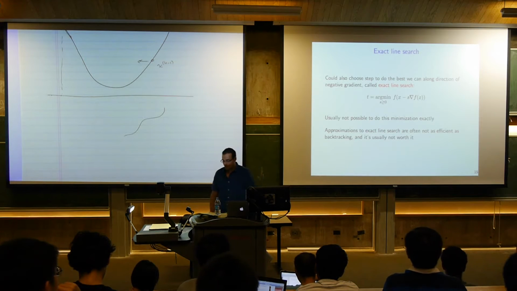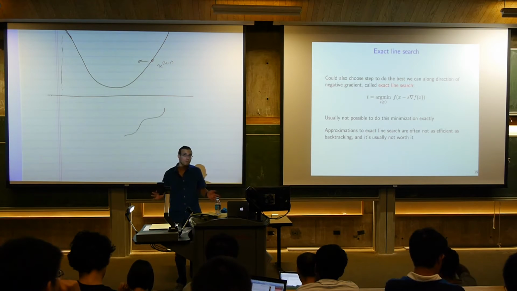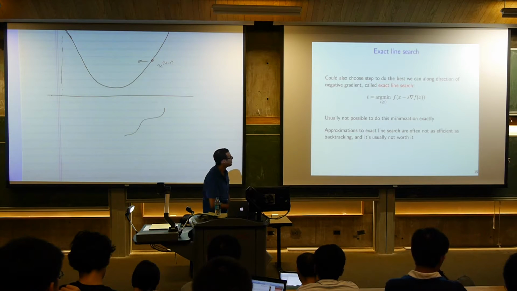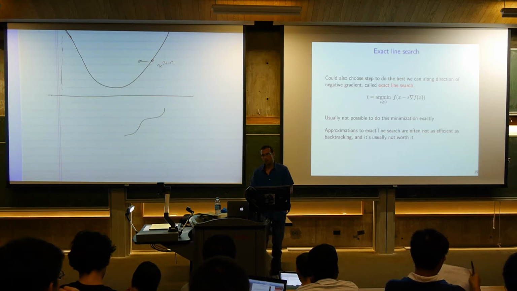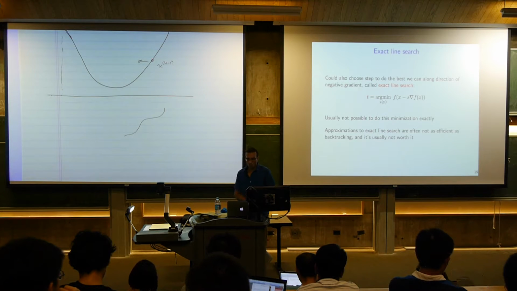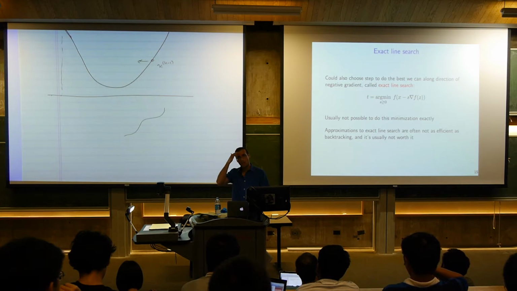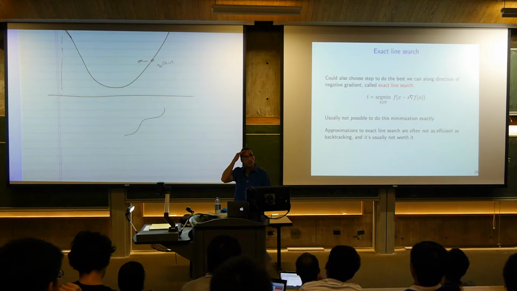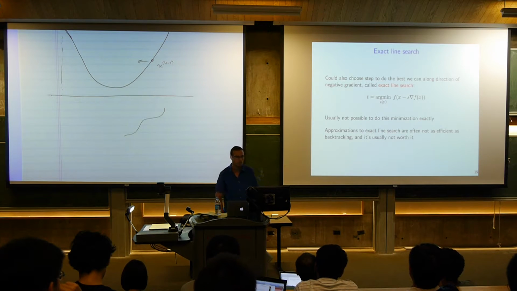So there actually are many other ways to choose step sizes. I'm just showing you the most common one, I think, which is backtracking. One thing that people sometimes think about, which I thought I'd mention, but I don't think is generically a good strategy, is to do an exact line search.